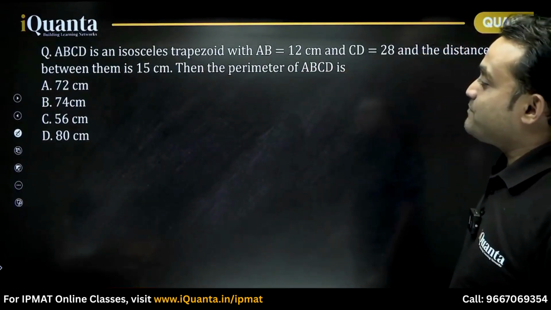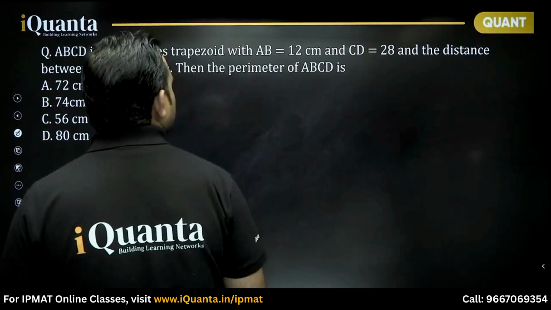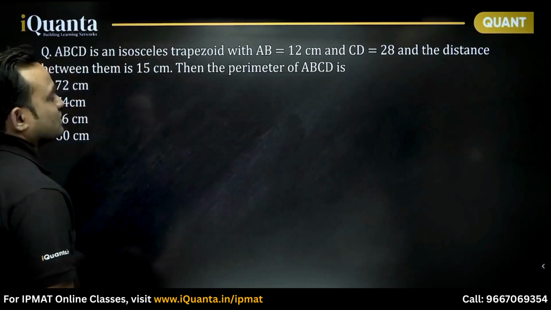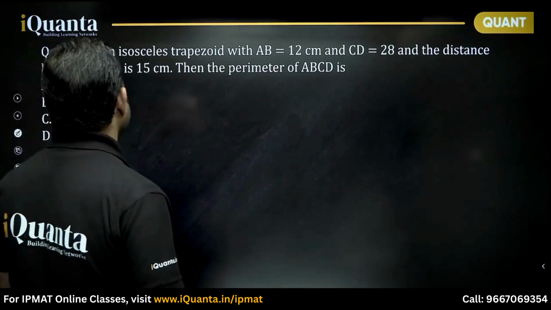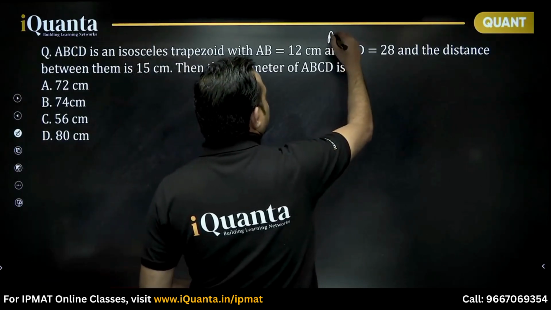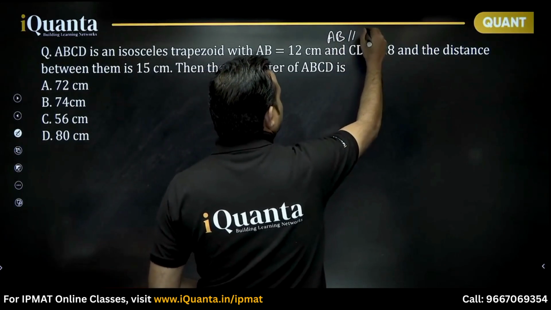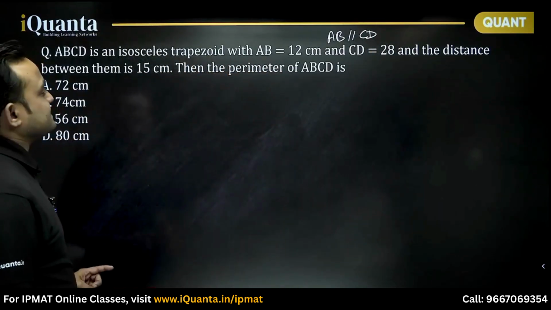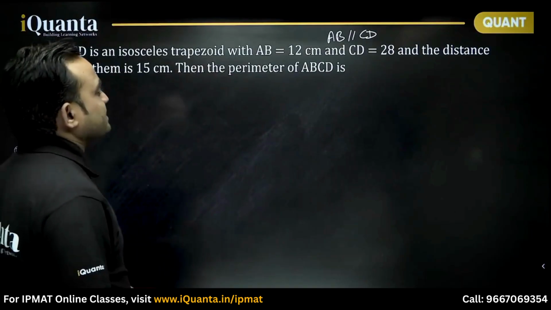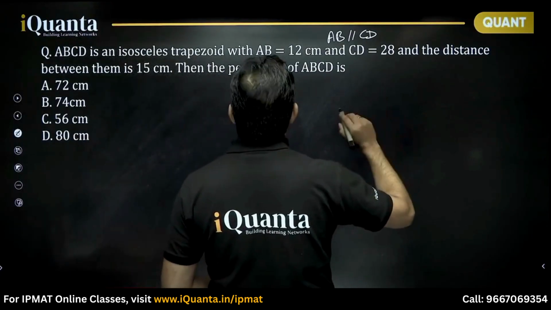It says ABCD is an isosceles trapezoid with AB is equal to 12 centimeter, CD is equal to 28 centimeter, and of course AB is parallel to CD and the distance between them is 15 centimeter. Then the perimeter of ABCD is.